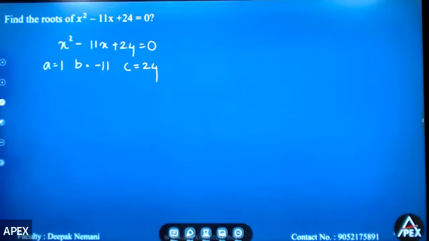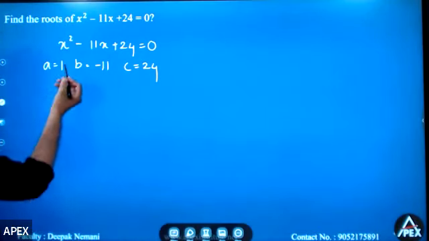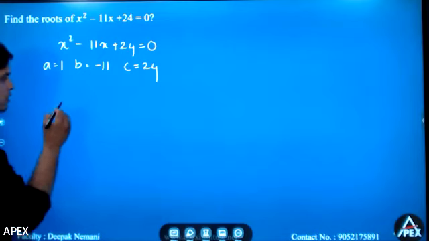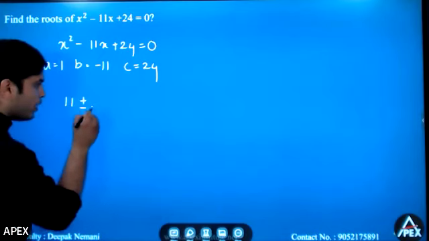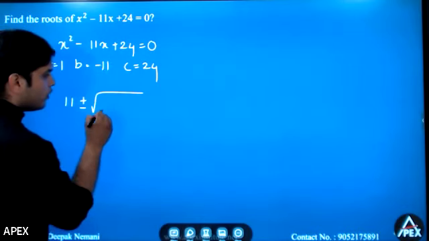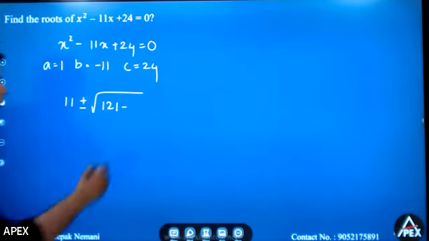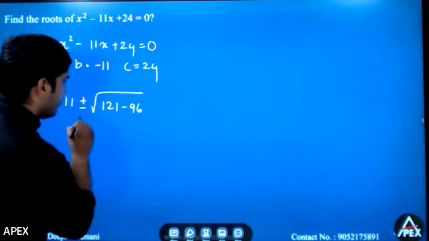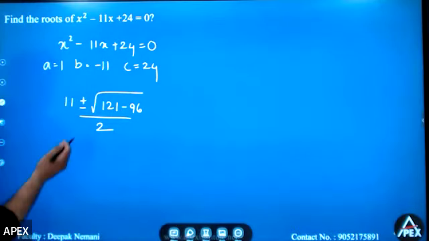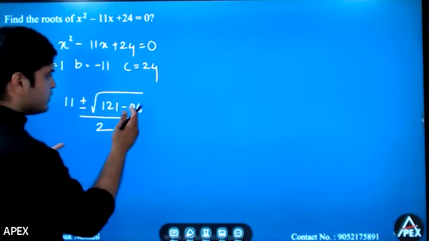Now finding the roots using formula method. So minus b, so minus of minus 11, 11 plus or minus under root 11 square, 121 minus 4 into 24, 96, by 2. So 121 minus 96 is 25.